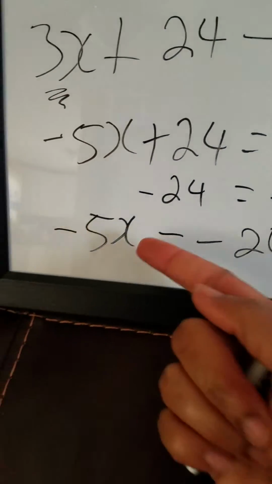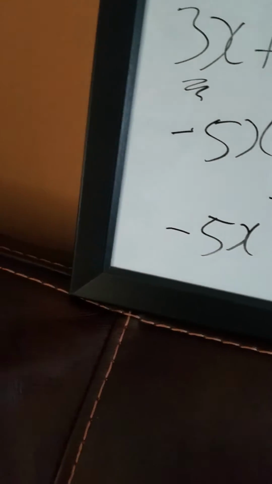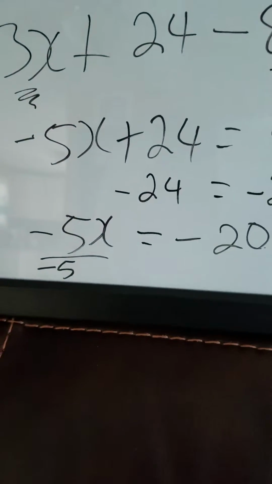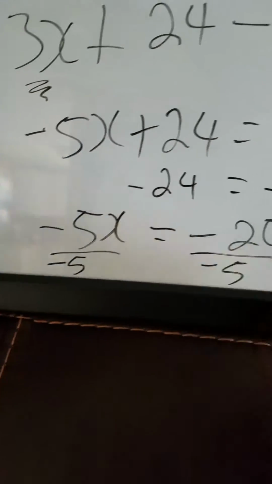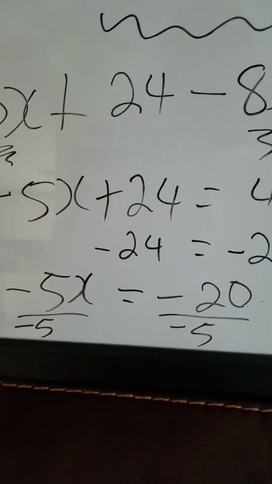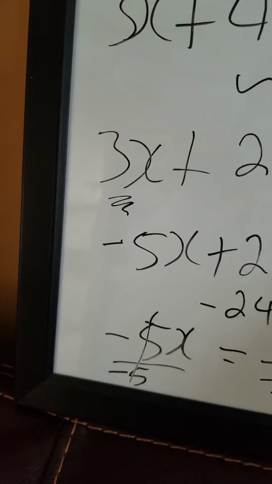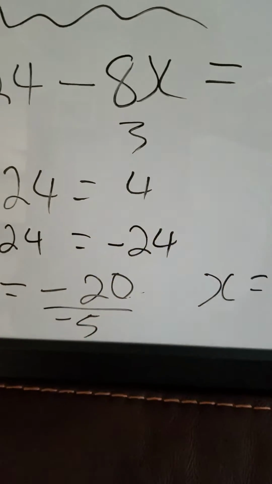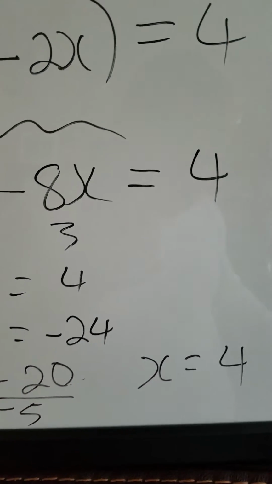One step left. How can we get this x by itself? Well, if we divide by negative 5 on this side, we could also divide by a negative 5 on that side. And what we end up with is the negative 5's cancel, and we have x is equal to negative 20 over negative 5, which will give us 4. And now we know that the value of x is 4.